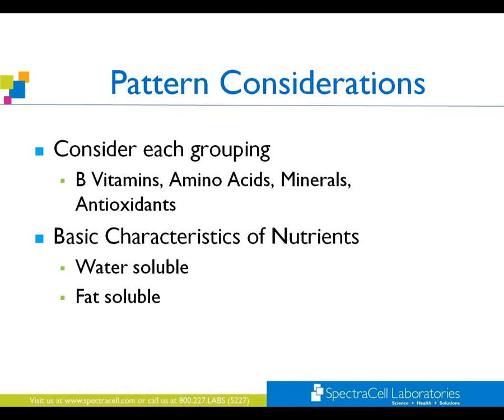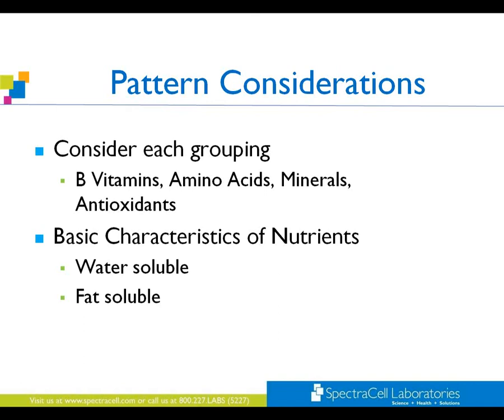And just to think about this for a minute, when you're looking at these B vitamins, if you see that you've got multiple B vitamin deficiencies, your thought process automatically begins to shift in one manner as compared to another. Same thing with amino acids. If you see multiple amino acids are deficient, you're beginning to think that there might be some limited intake of protein in the diet.